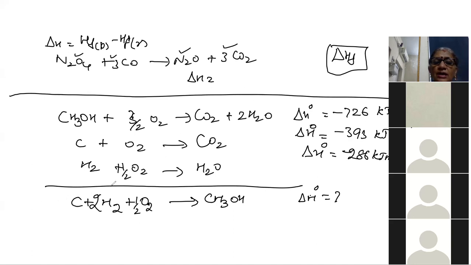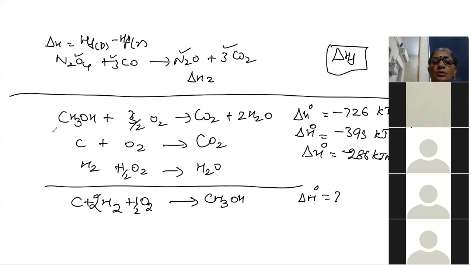Standard formation enthalpy. That is why we have put naught. Okay. Now the formation enthalpy of methanol is asked, but we have the combustion enthalpy of all the elements as well as methanol here. So we have to add or subtract these equations to arrive at the target equation.